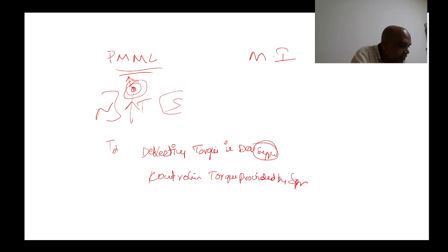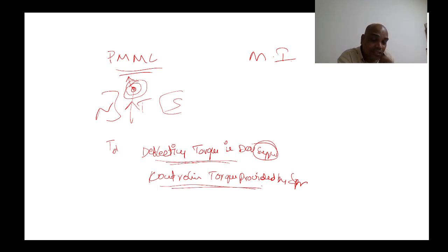Whenever the supply is given to the conductor, the current carrying conductor is placed in a constant magnetic field, so torque will be developed. Due to that torque, the spindle is moving. That is called deflecting torque. How is the controlling torque developed? Due to the spring.